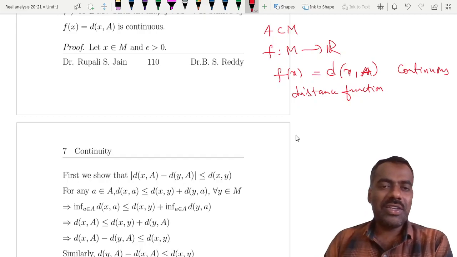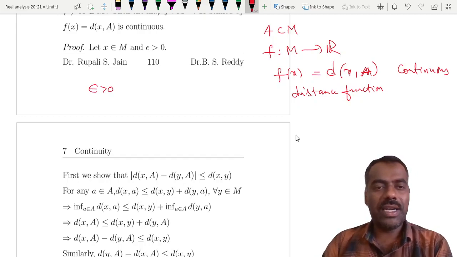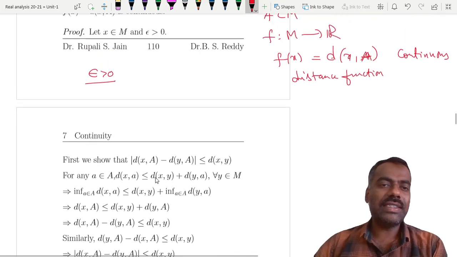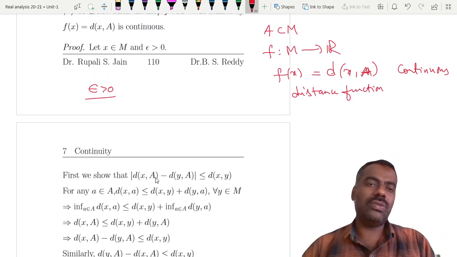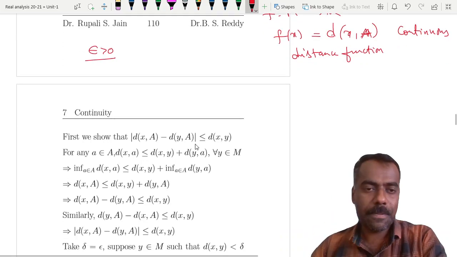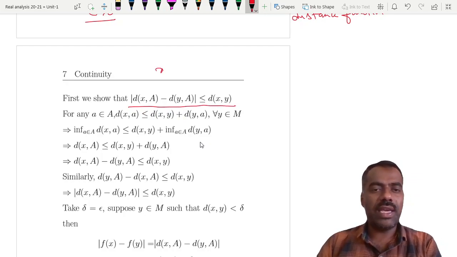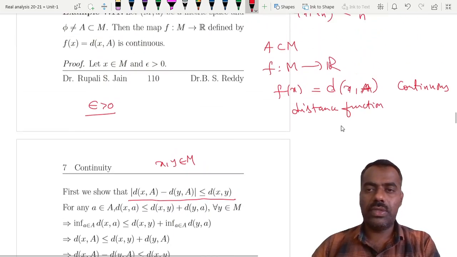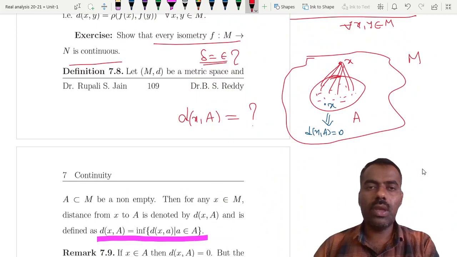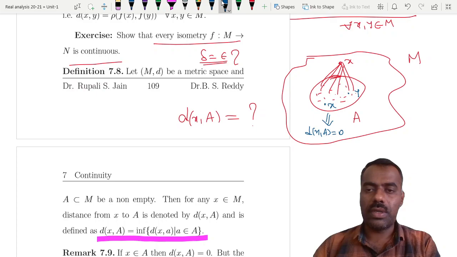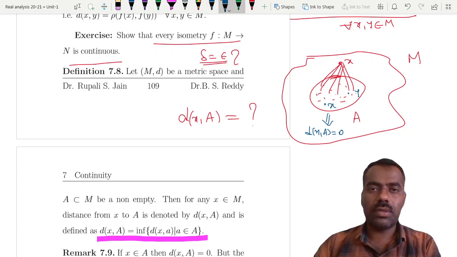Proving something is continuous is what we want to show. Take epsilon greater than 0. Then we want to find some delta such that whenever the distance between x and y is less than delta, the corresponding difference is less than epsilon. For that, it is enough to show that |d(x, A) minus d(y, A)| for any x, y in M is less than or equal to d(x, y).